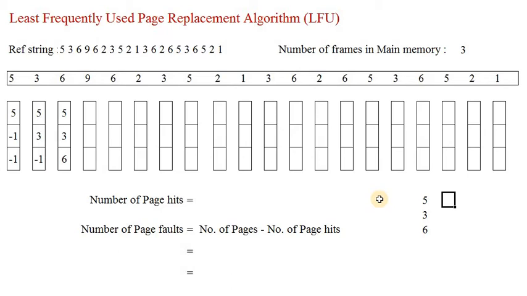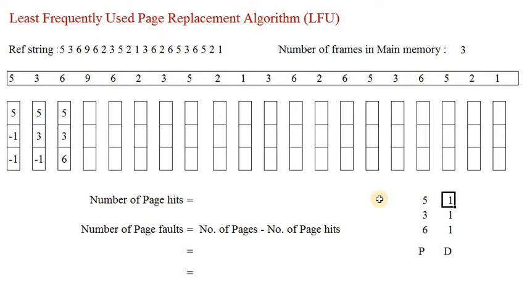After inserting 5, the degree becomes 1. After 3 is inserted, the degree of 3 becomes 1. For 6 also the degree is 1. So here we need to maintain the degrees. I am denoting it like this: these are the pages and these are the degrees.